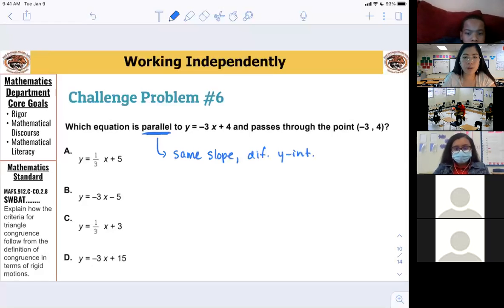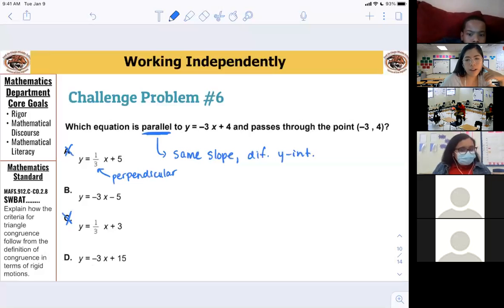So the equation has to have the same slope. What answers can I get rid of? A and C. By the way, that's not a parallel line, but what would that be? Perpendicular, because it's the opposite reciprocal. Okay, so we know A and C are out.